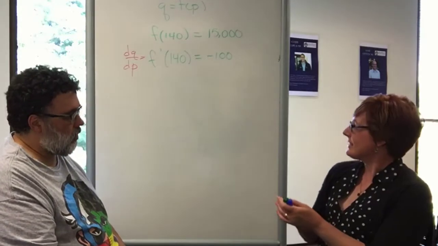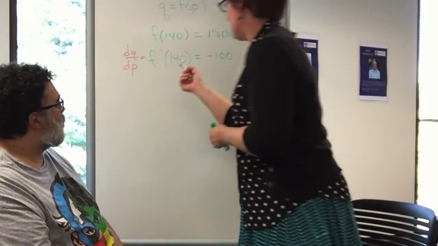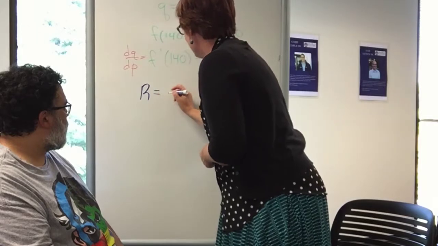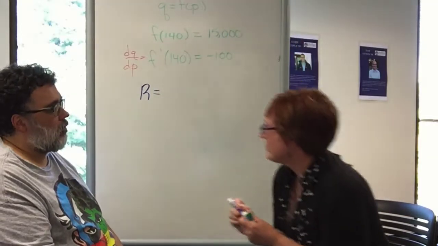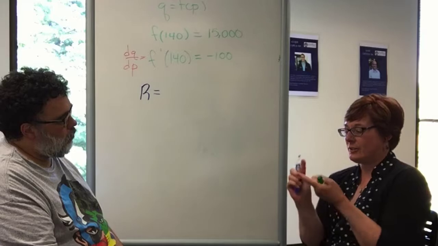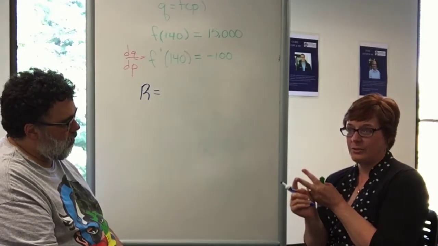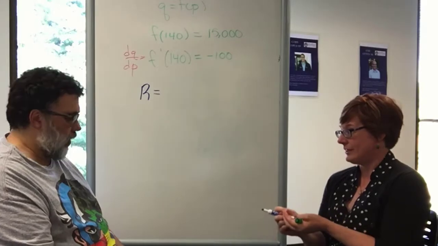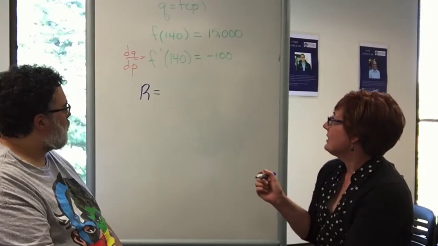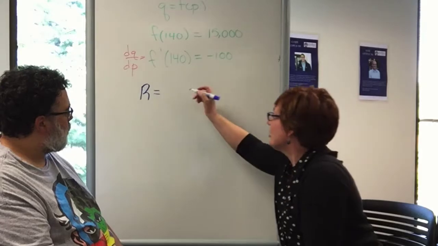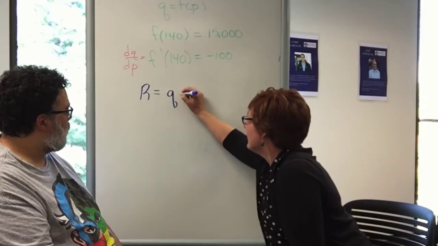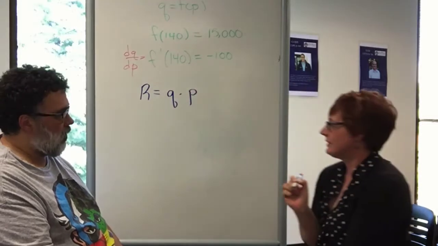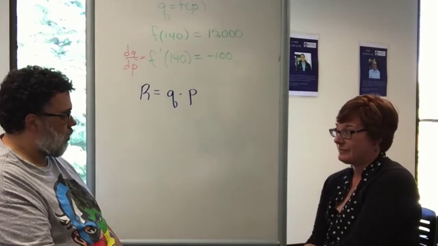So you've got this next revenue function, R. To figure out revenue, you need to know how many you sold and the price per unit, and you multiply them together to get how much money you brought in. In this case, the number we sold is Q, and the price per unit is P. Okay. So now we've got a product.